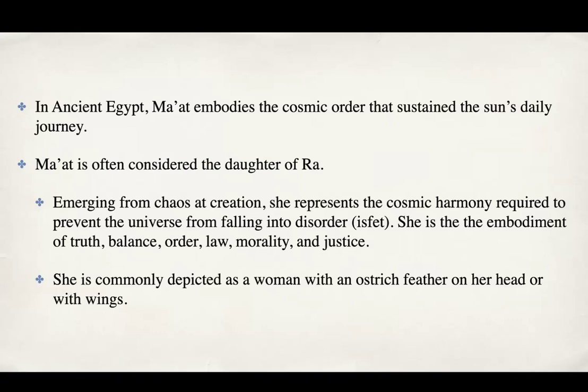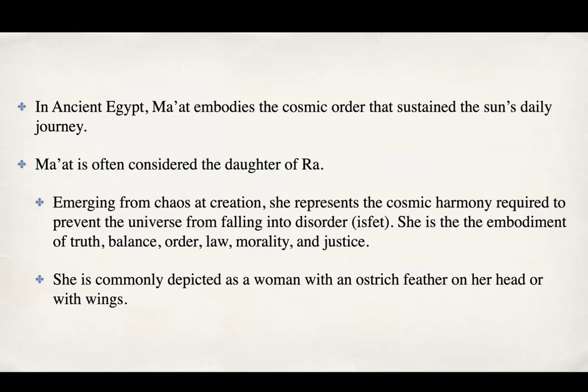And so we see Ma'at as the daughter of Ra, and I just thought the explanation of her presence and her intention was really beautiful. Emerging from chaotic creation, she represents the cosmic harmony required to prevent the universe from falling into disorder. She is the embodiment of truth, balance, order, law, morality, and justice.